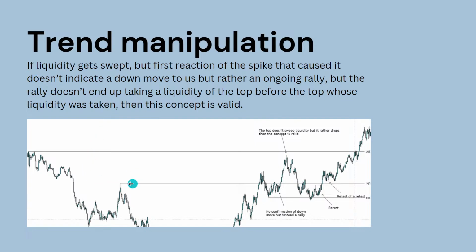If liquidity gets swept, this high caused the liquidity sweep, but first reaction of the spike that caused it doesn't indicate a down move to us, but rather an ongoing rally, but the rally doesn't end up taking the liquidity of the top before the top whose liquidity was taken, then this concept is valid.